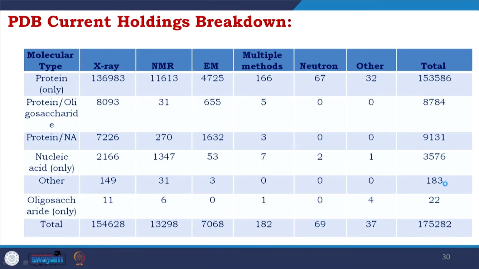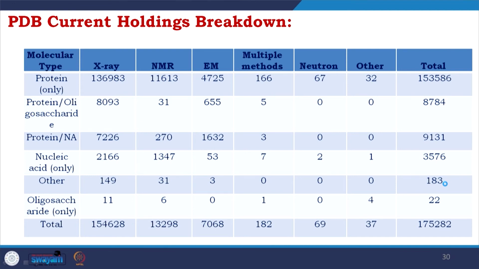This is the current holdings breakdown at the Protein Data Bank. If you look at that, X-ray: 1,36,983 protein only; NMR: 11,613 only protein; electron microscopy: 4,725.